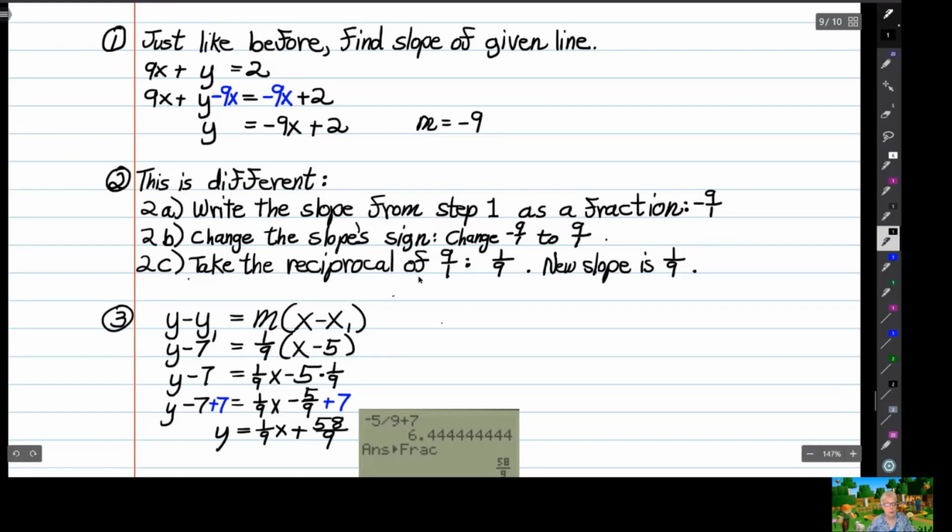Now comes step 2C. Take the reciprocal of this new slope, 9/1. It's 1/9, positive 1/9. The slope of the perpendicular line is 1/9.